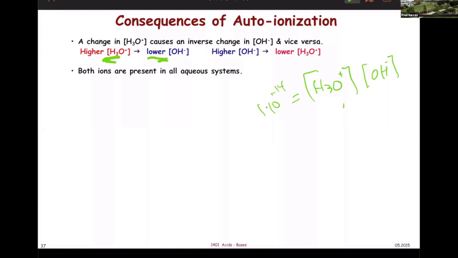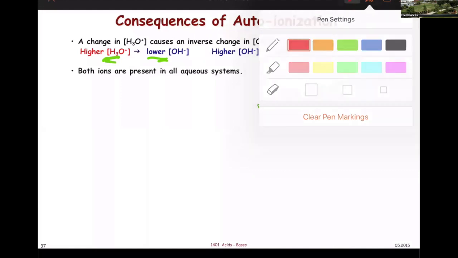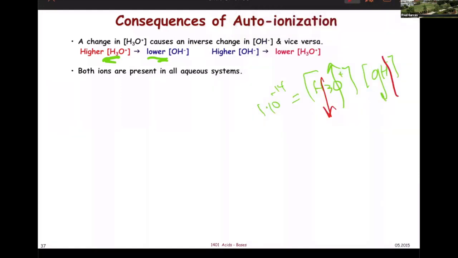So when one goes up, the other one has to go down, and when this one goes down, the other one has to go up. There's always a balance there in terms of the concentration. So when hydronium is higher than hydroxide, you have an acidic solution. When hydroxide is greater than the hydronium, then it's basic, because the hydroxide dominates the mixture. And when they're equal, you have a neutral solution.